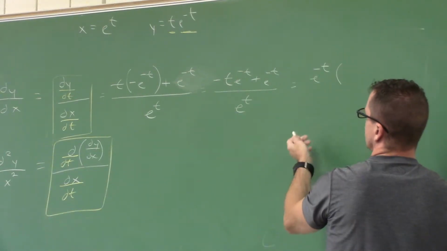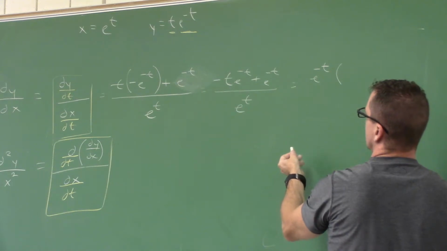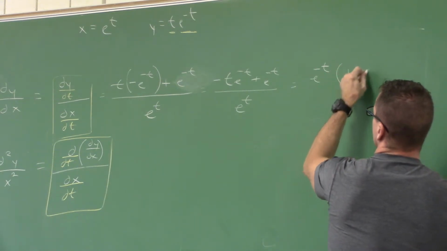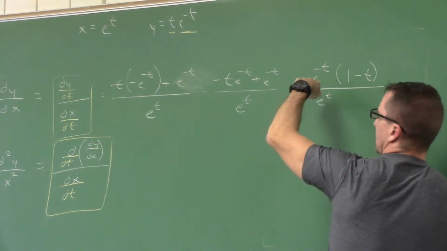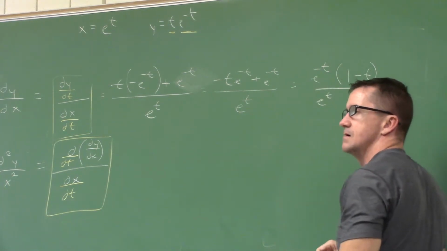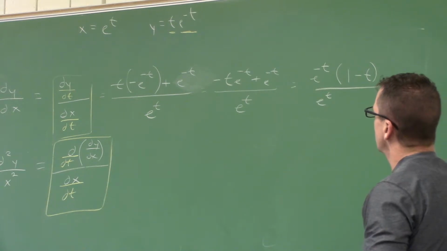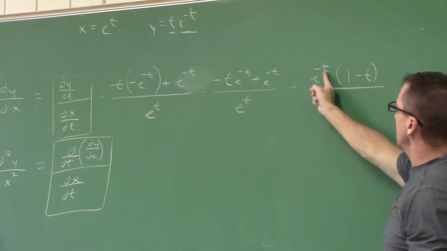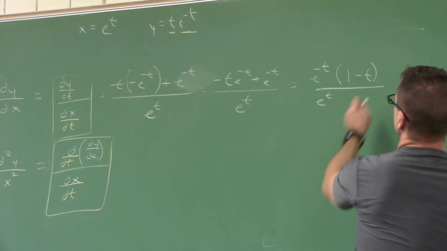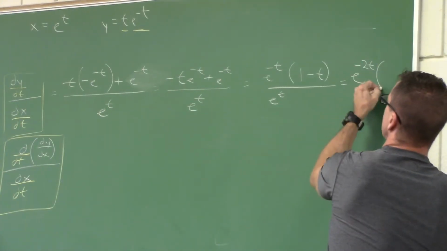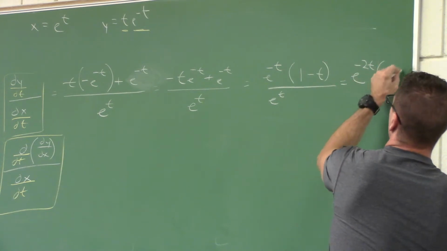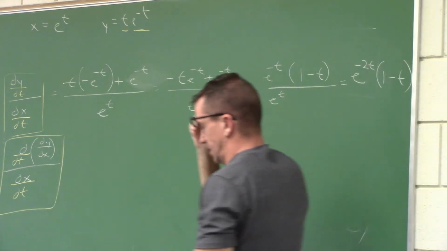Or what's another way to say negative t plus 1? 1 minus t. Well, what's still in the denominator? E to the t. How can I bring that upstairs? It's negative, so it is squared. So I subtract: negative t, subtract the t, makes e to the negative t. You can write this as 1 minus t or t minus 1.